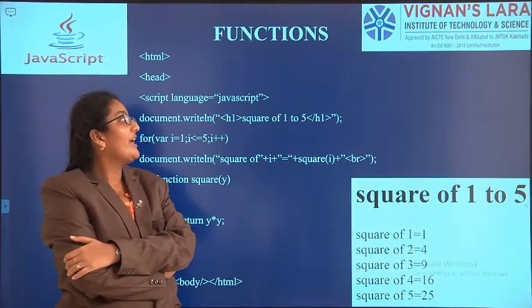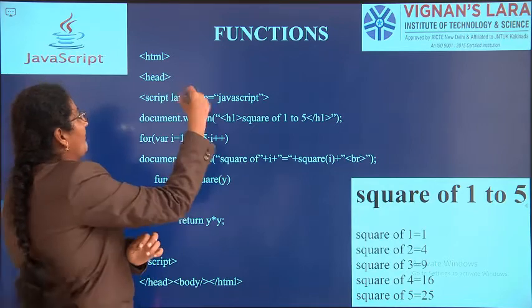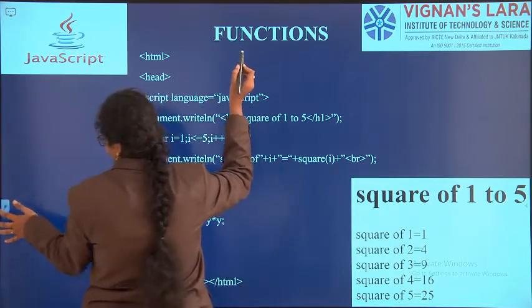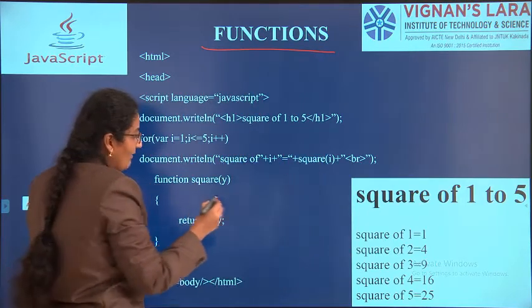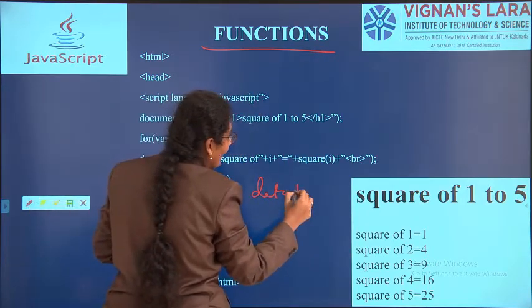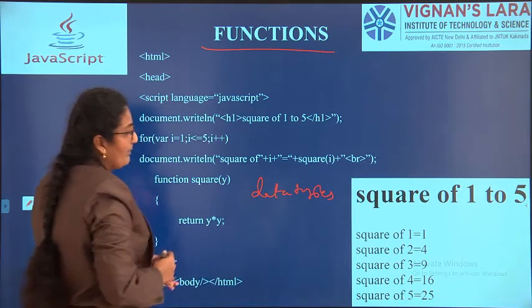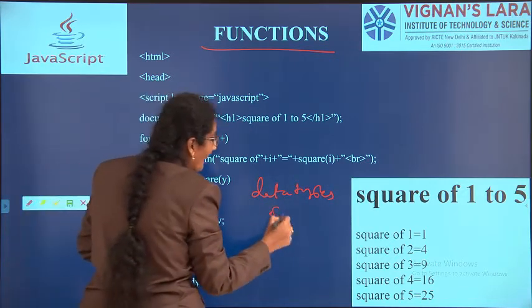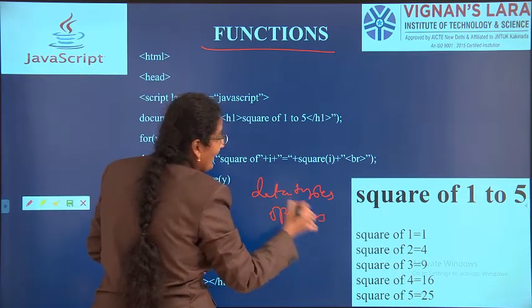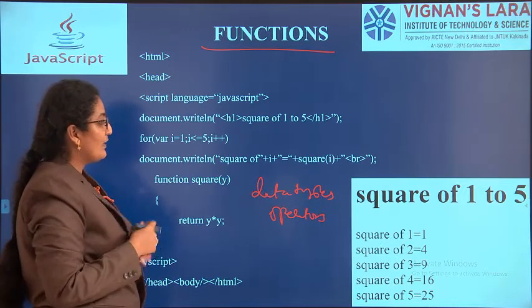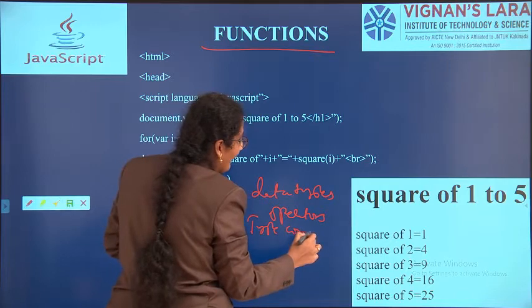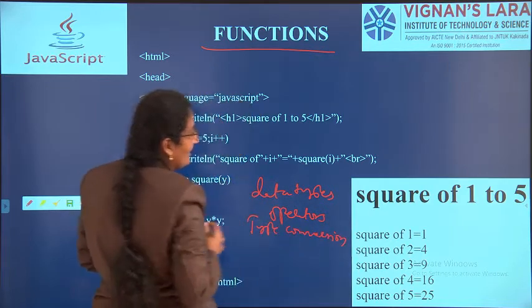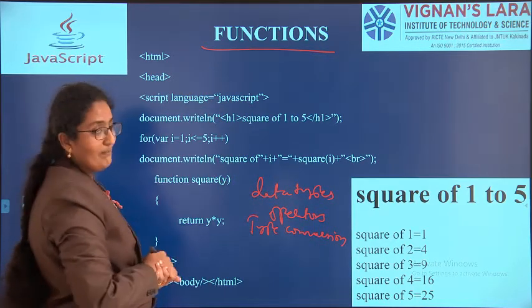Okay, next one is functions. So everything we are learning about JavaScript. Now we want to learn about functions also. What have we learned till now? Data types, primitive and non-primitive; operators like assignment, arithmetic and boolean operators; type conversion, which is explicit conversion and implicit conversion.